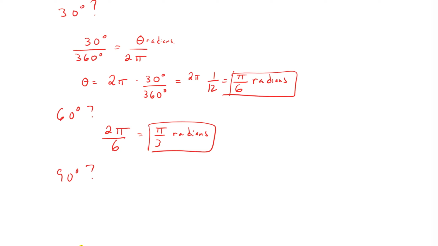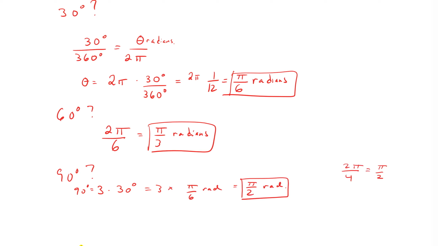You could take 30 degrees and multiply it by 3. So 90 degrees is 3 times 30 degrees. That's 3 times pi over 6 radians. We say rad sometimes, just rad. So that's going to be pi over 2 radians. But you can also think of it as a quarter of a circle. So pi over 2. That's another way of looking at it.